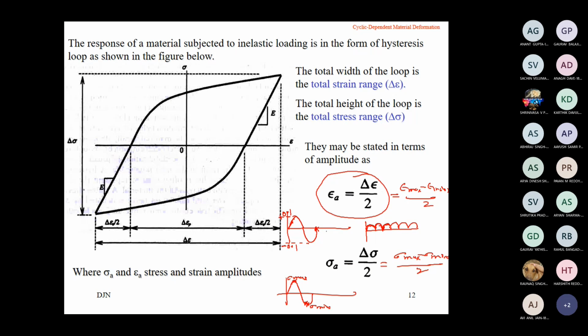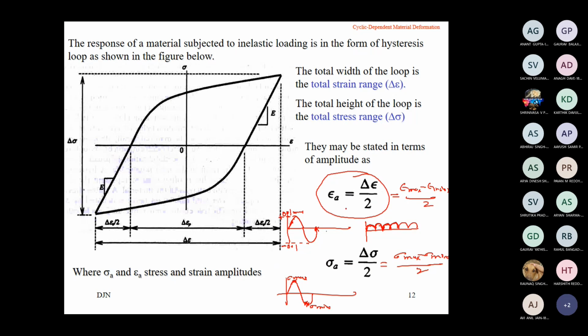That is left to you, how you want to control. So you want to apply load which is causing 0.1 mm, let us say, of deformation, or you want to apply a load till it creates a certain amount of stress in the component. This differentiates strain life or the stress life based approach.